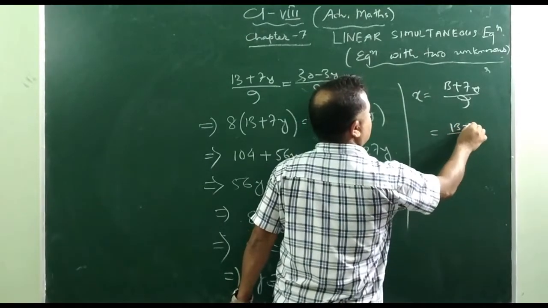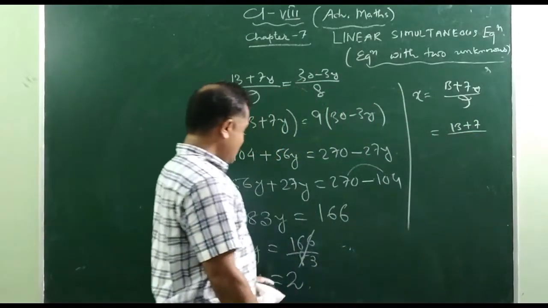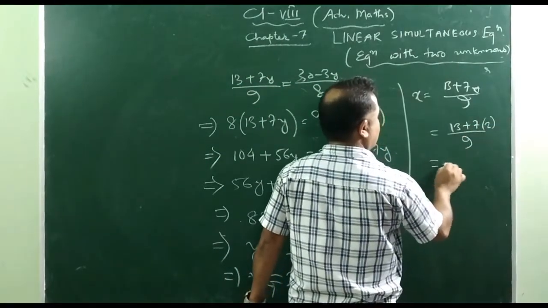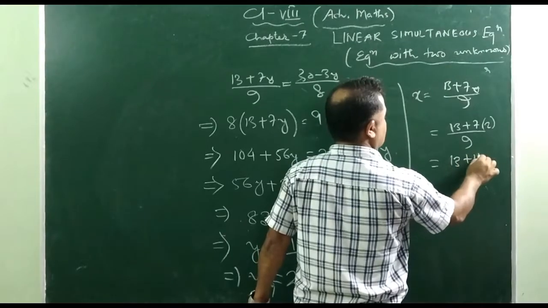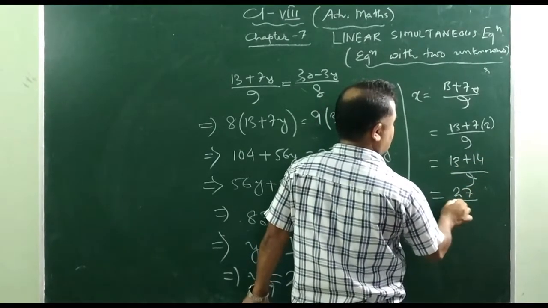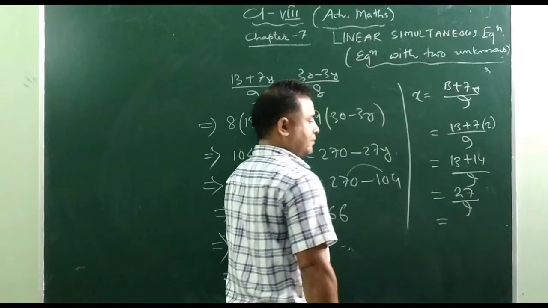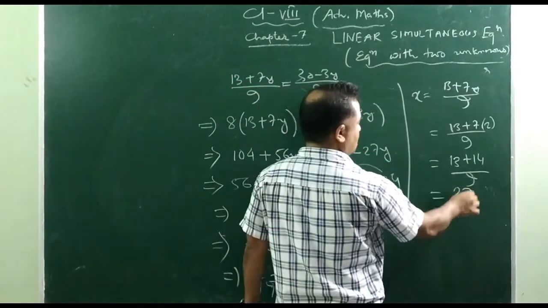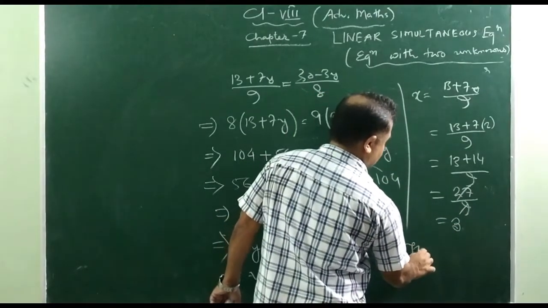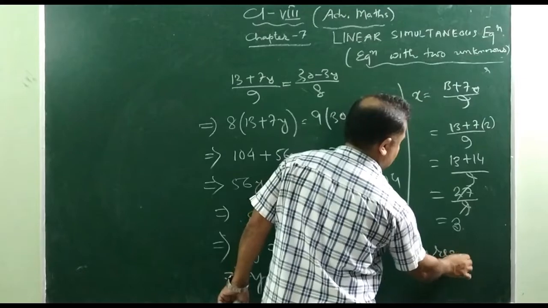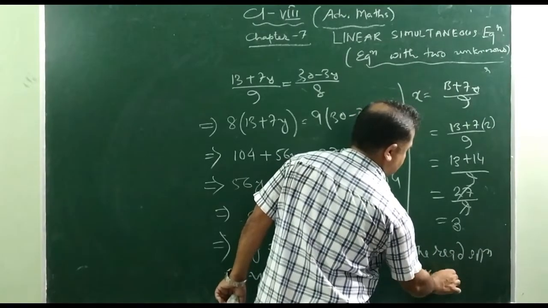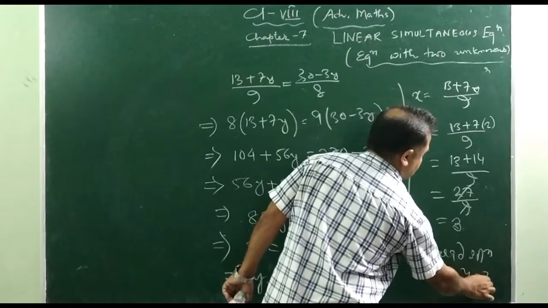Now by putting the value of y, that is 2, we get 27 by 9. If I cancel this, it becomes 3. That is the required solution: the value of x is 3 and y is 2.